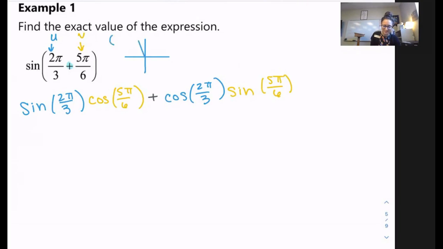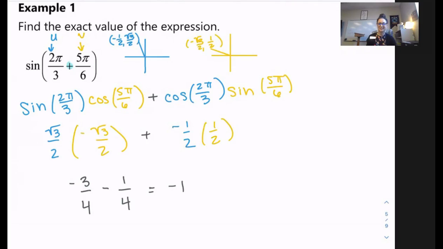So this is the point -1/2, square root of 3 over 2. So sine would be the y coordinate, so that's going to be square root of 3 over 2. Okay, I'm going to let you finish the problem on your own. Click continue when you're ready to see the final answer. All right, we should have gotten -1, so go ahead and pause your screen and check or correct anything that you need to correct.